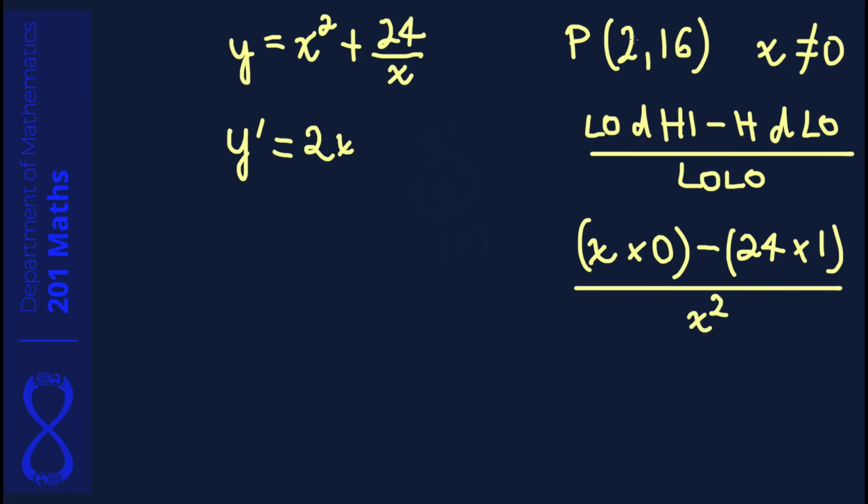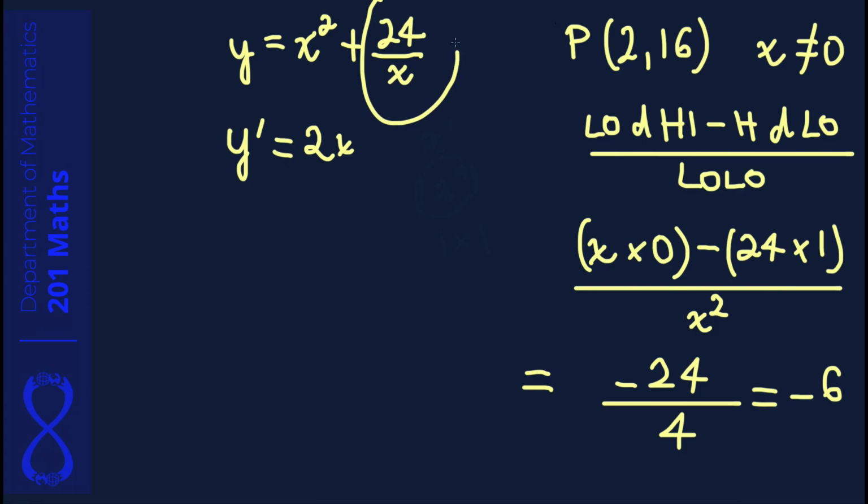And the value we have to use for x is 2. So at the numerator we have minus 24. In the denominator we have 2 squared, which is 4. All this gives us a minus 6. This whole thing here is equal to minus 6.